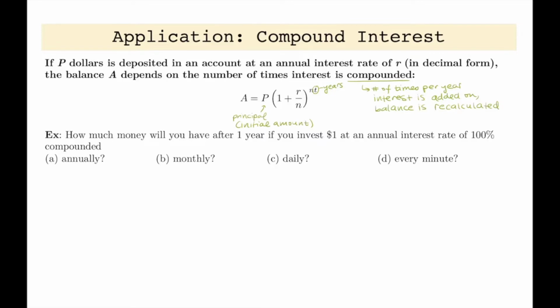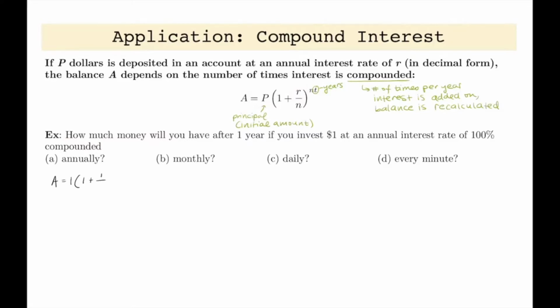Let's take a look and see what happens with various compoundings. We're looking for how much money you will have, so we're looking for this amount A, the balance. Our principal is 1, and the rate here will be 100%, which as a decimal is 1.